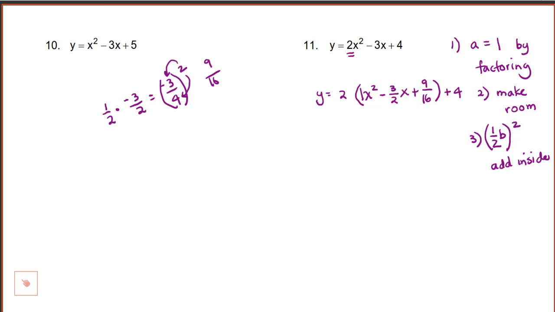All right? Now, did I just change the problem? Yes, I did. Because this is still what? So that's not changed, is it? This is still what? Okay, but this wasn't here before, was it? But who is this really? 2 over 1 times 9 over 16 is what?